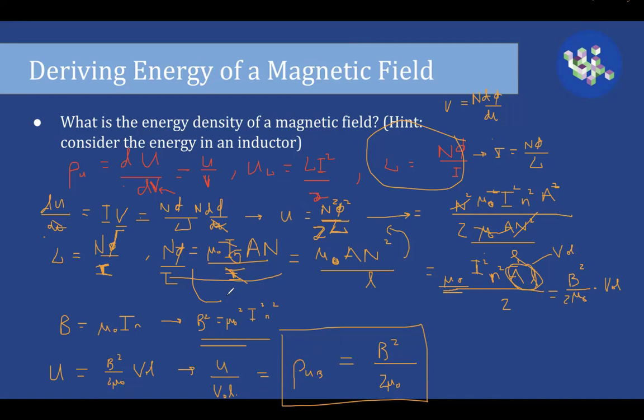In general, the energy density of a magnetic field you can always write as the magnitude of the magnetic field squared divided by 2 mu 0. It's a pretty important identity that you should be familiar with.